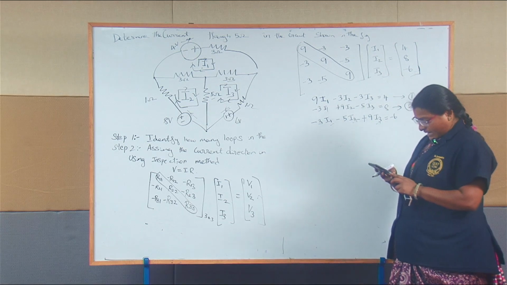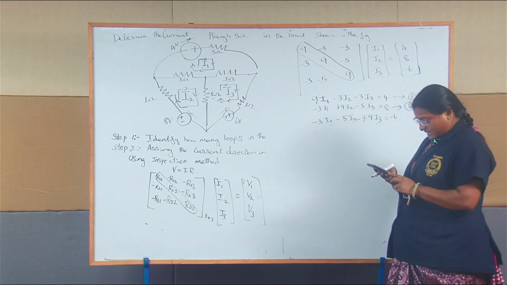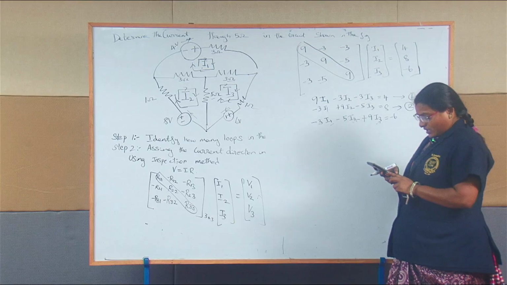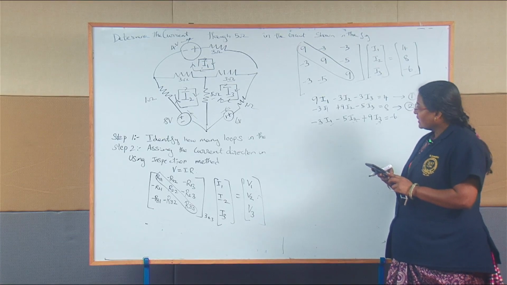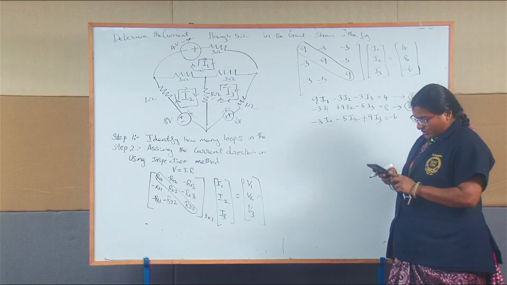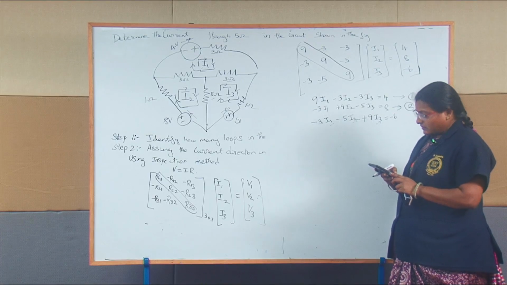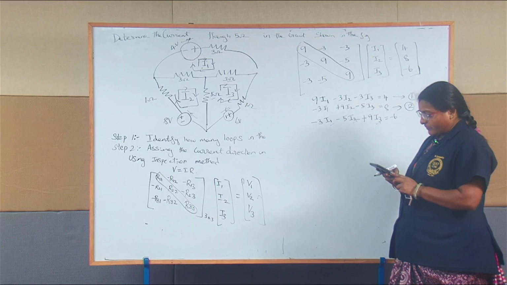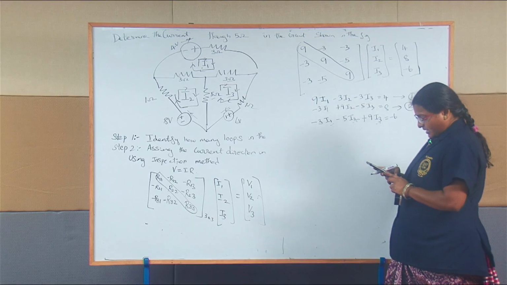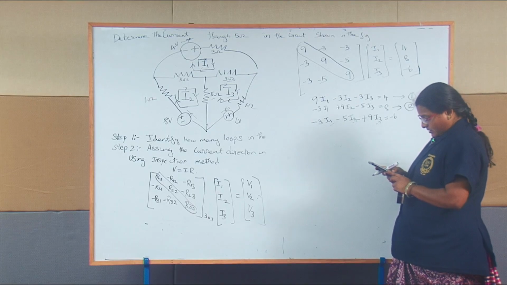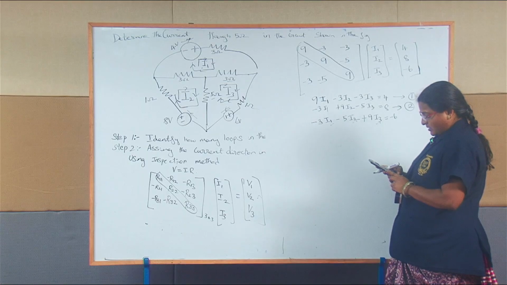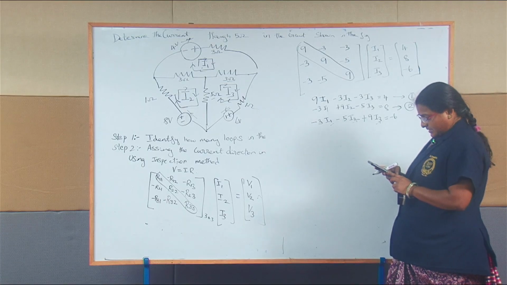B1 is minus 3, C1 is minus 3, D1 is 4. Then A2 minus 3, B2 is 9, C2 is minus 5, D2 is 8. Then A3 minus 3, B3 minus 5, C3 9, D3 minus 6.